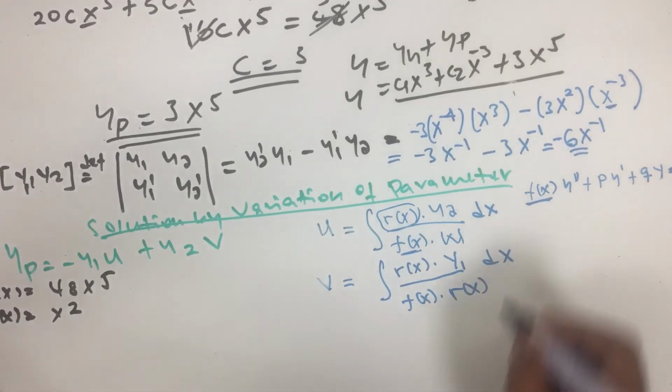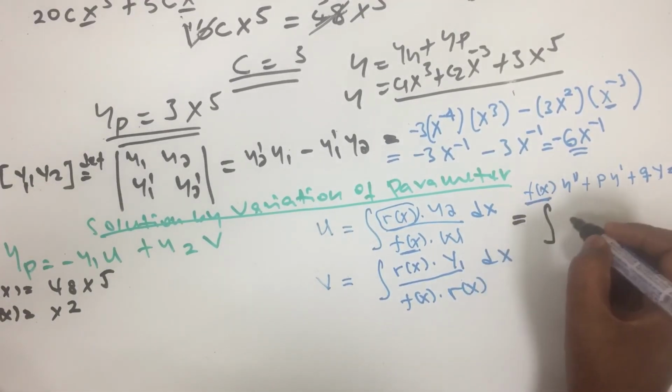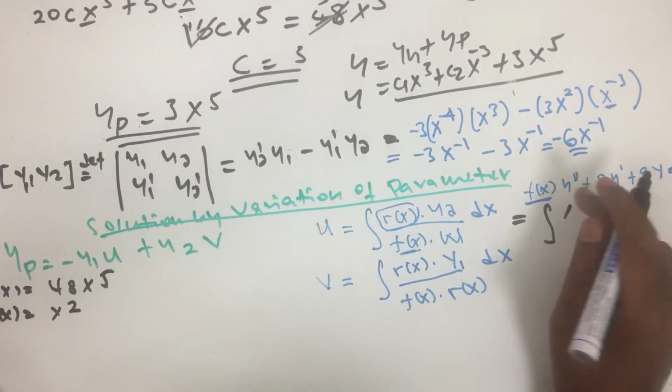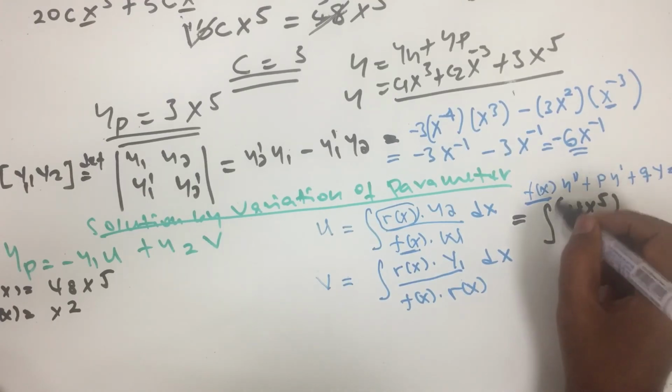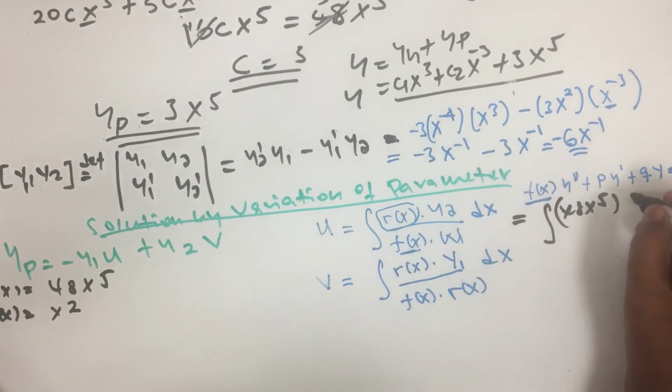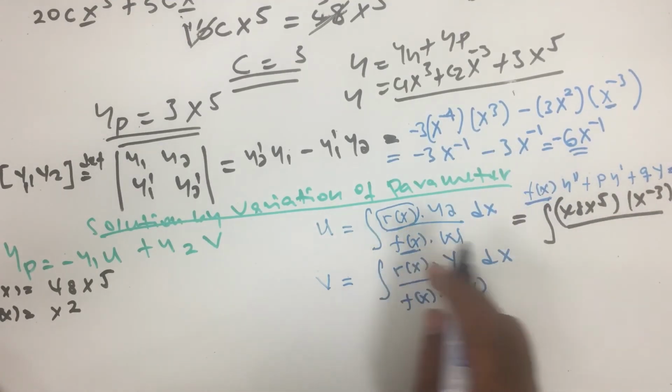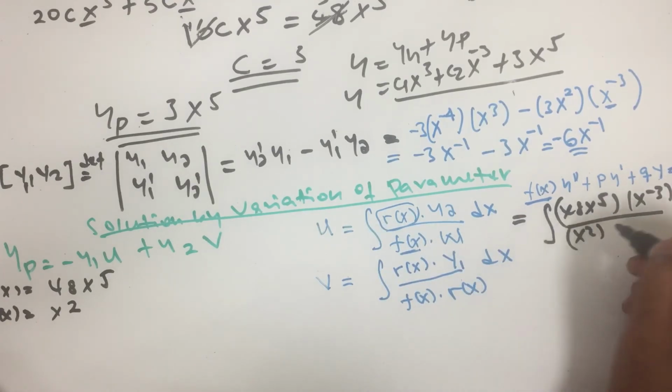If we substitute everything, r of x is 48 x to the power of 5 times y2, which is x to the power of minus 3, divided by f of x, which is x squared, and W, which is minus 6 x to the power of minus 1.